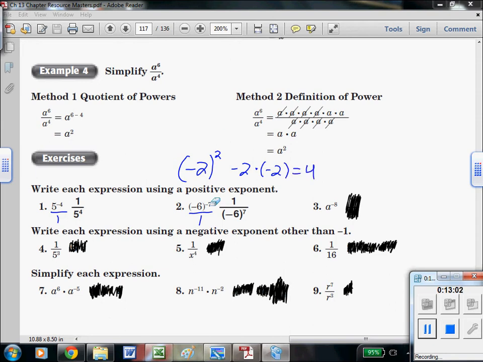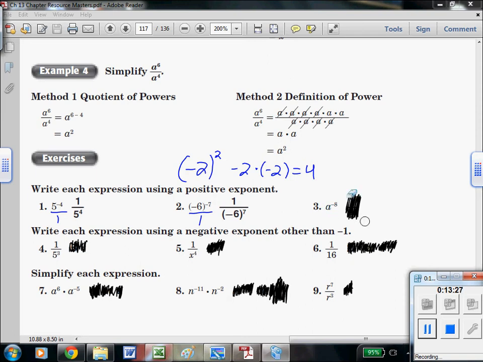Well, a negative times a negative is positive 4. So if you had negative 2 to the 4th, you'd have 2 of these that would give you a positive, and 2 more of these which would give you a positive again. So you'd have a positive times a positive, which would still give you a positive. So just know if you have an even numbered exponent, a negative base is going to become positive. It is technically true. However, to be picky, you sometimes can leave it. It's not that big of a deal, but I want you to know it is proper to understand that it does become positive.